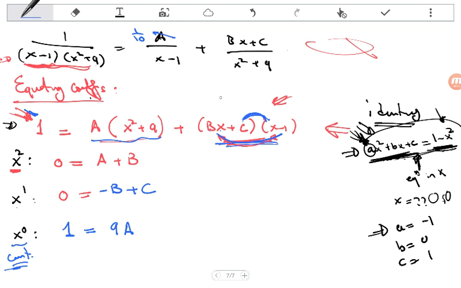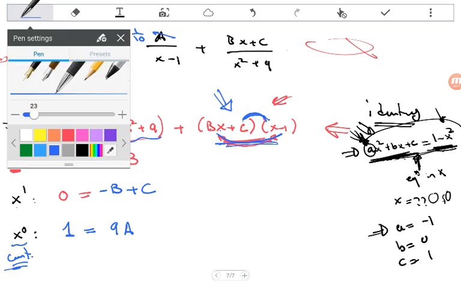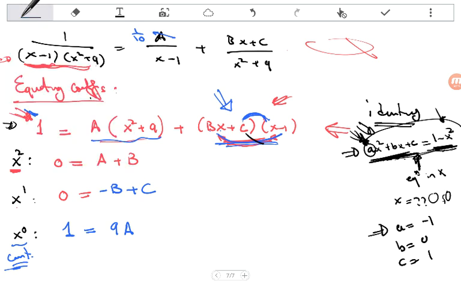For this term, would this product give me a constant? Yes, which comes from c multiplied by minus 1. It will give me minus c. So now these are the three equations in the three unknowns, which are a, b, and c. By solving these three equations, I will get the values of a, b, and c.